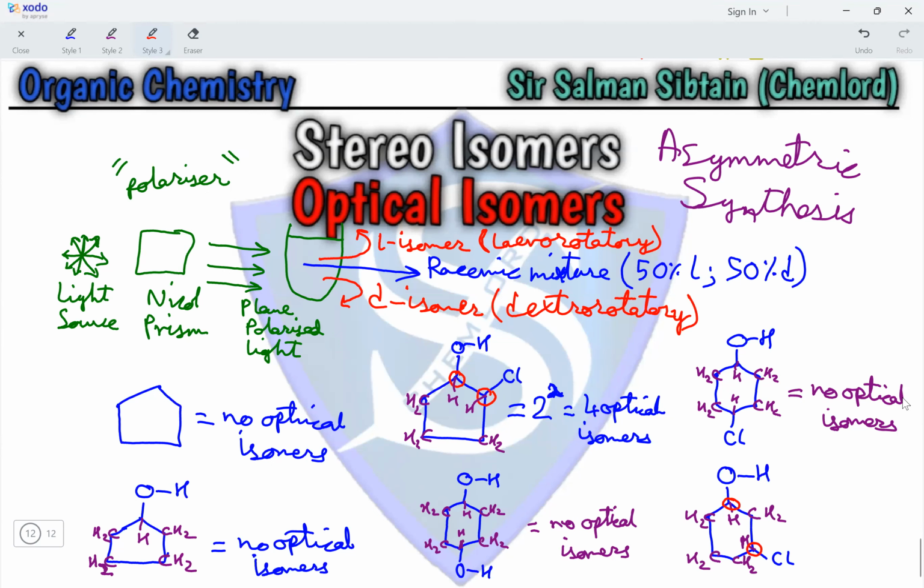So in total here we've got two chiral centers present, which means in total the number of optical isomers present would be 2 raised to the power of 2, which is equal to 4 optical isomers present for this compound. And this is how we identify chiral centers and obtain the number of optical isomers present for a particular compound if it contains any chiral centers.